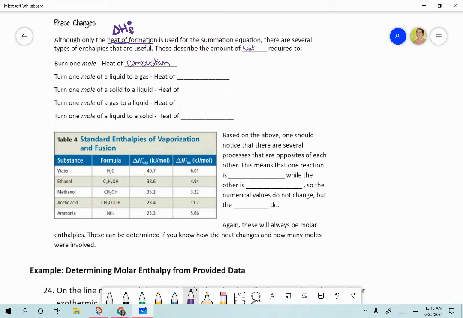If we want to take 1 mole of a liquid and turn it into a gas, so we're going from the liquid phase to the gas phase, we are going to call that our heat of vaporization.